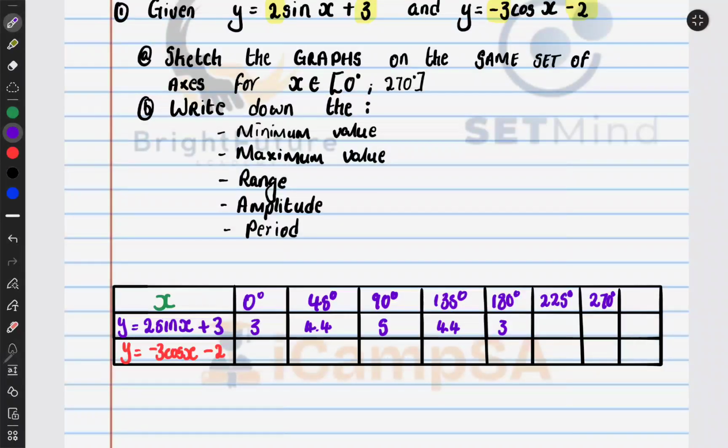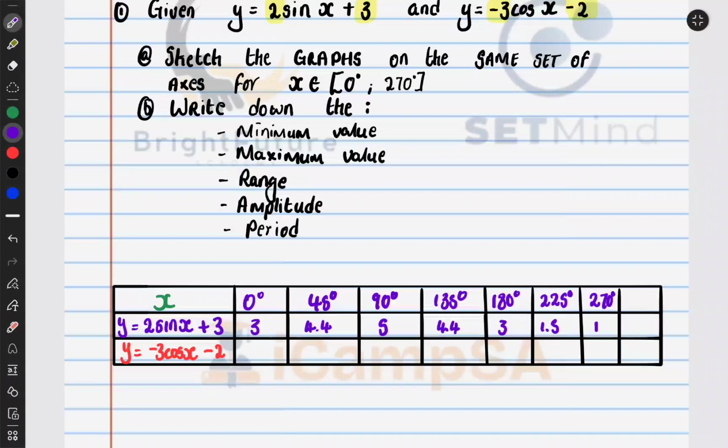At 225 we have 1.5. At 270 is 1. What we'll say with this function is that it actually doesn't complete one full cycle.